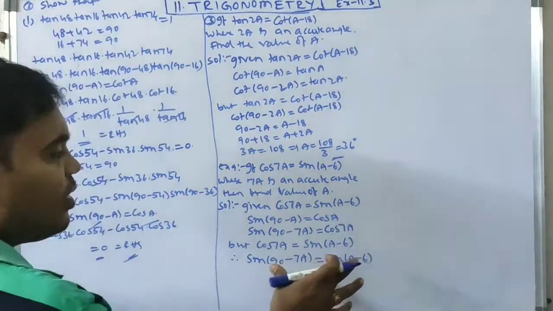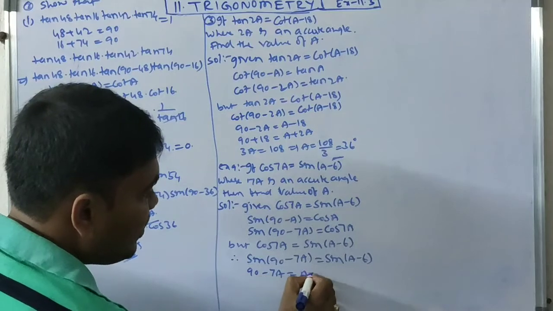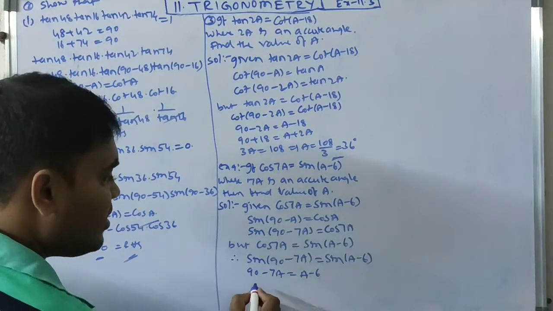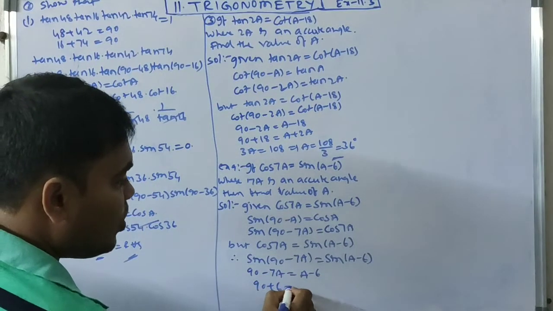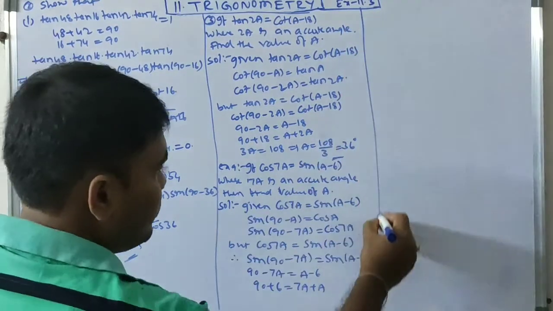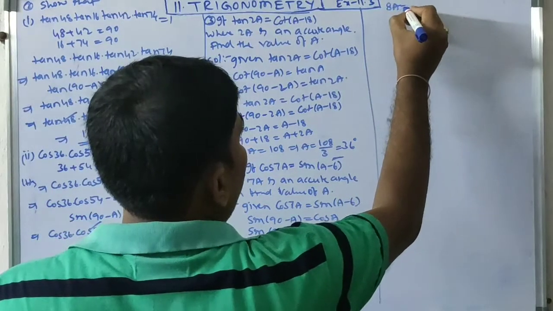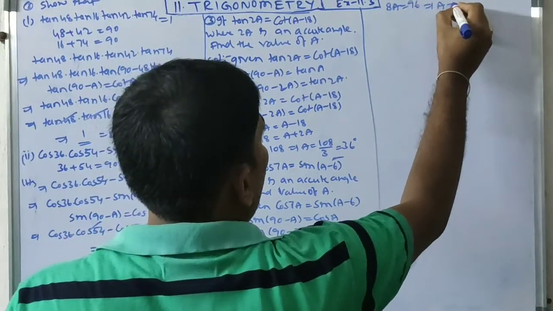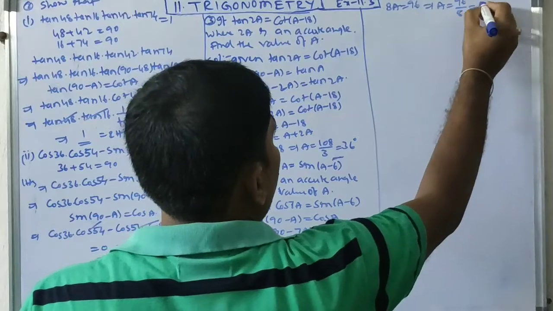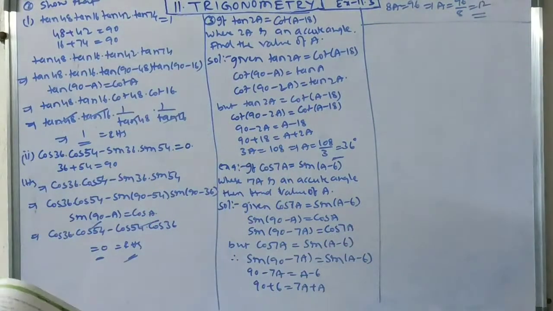Since it is acute, the angles are equal: 90 minus 7A equals A minus 6. Bringing the terms across, 90 plus 6 equals 7A plus A, so 8A equals 96, which implies A equals 96 by 8, equal to 12. So the value of A is 12.